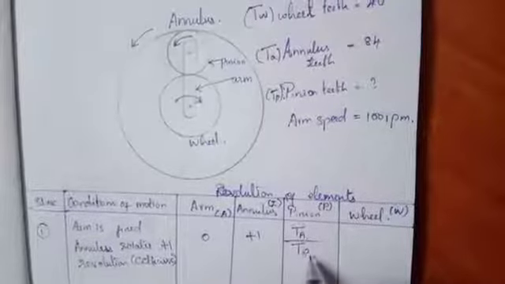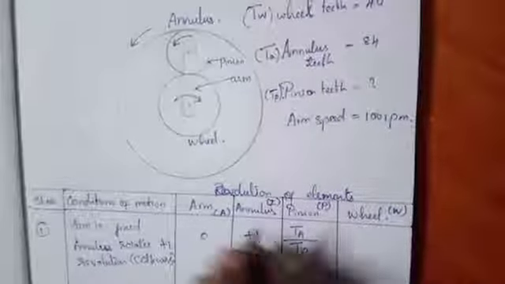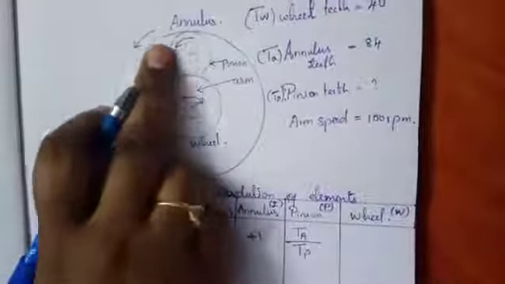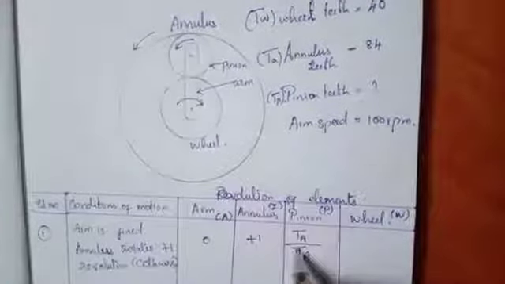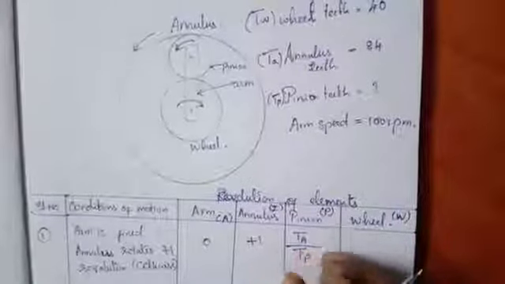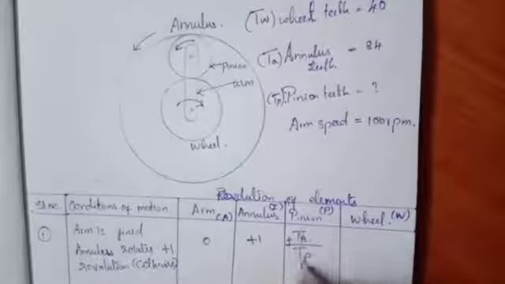So how can you write this train value? The train value is the teeth on the annulus, which is the driver, over the teeth on the pinion, which is the driven. So you give TA by TP, and both are rotating in the same direction, anti-clockwise. So no need to give negative, you just give positive. So plus TA by TP.